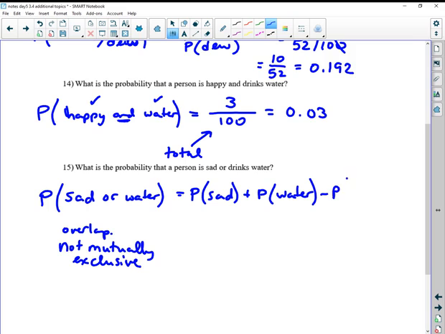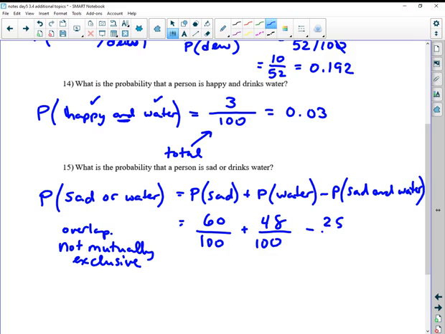And we're going to take away the probability of sad and water. And so there are 60 people who are sad and 48 who are drinking water, but 25 of them are sad and drinking water. So probability of being sad or drinking water, 83 out of 100, so 0.83.